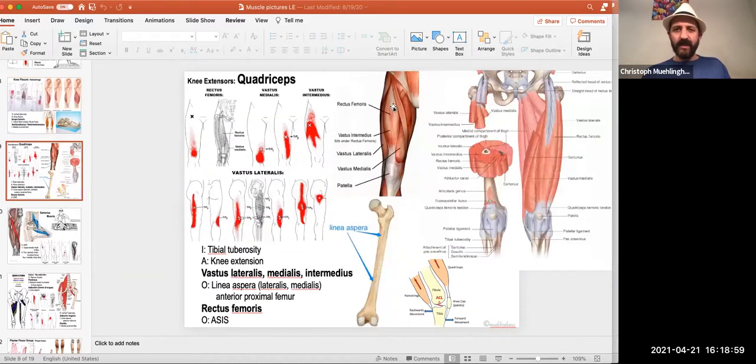Well, if you take this away, if you take the rectus femoris away, underneath it on the bone, you have the vastus intermedius. Right here, you can see it's a big bone. It's a big muscle, and it starts underneath the rectus femoris.